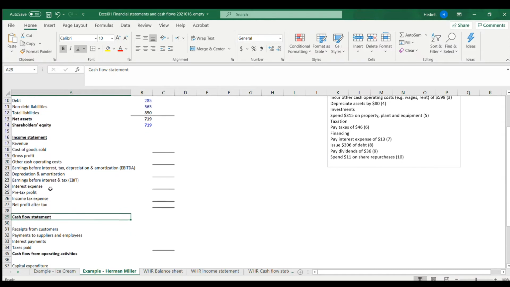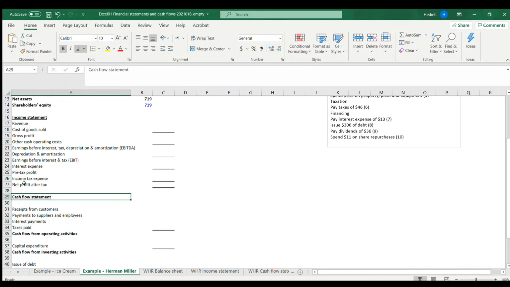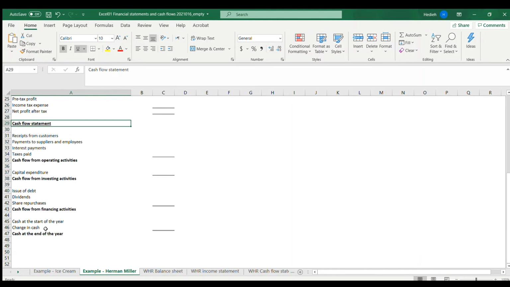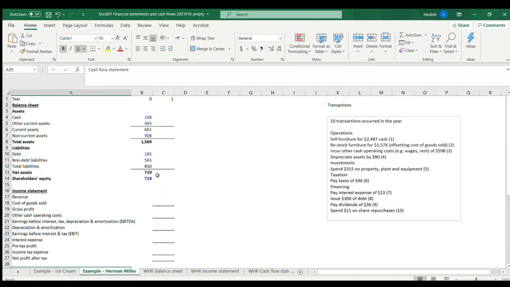Then we have the income statement that we want to create, and then we have the cash flow statement. Okay, so let's go to the transactions. We have 10 transactions. For each of them, we want to see how it affects each of the financial statements that we have.